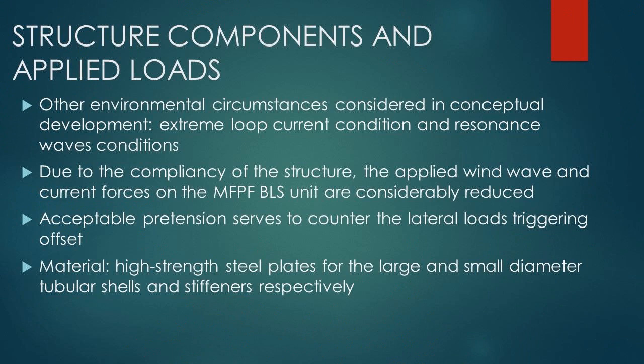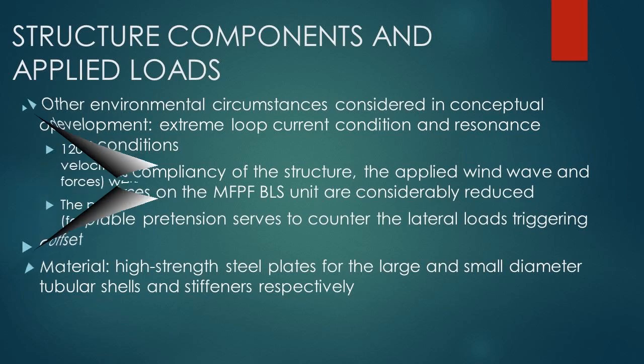Other environmental circumstances considered in conceptual development are extreme loop current condition and resonance waves conditions. Due to the compliancy of the structure, the applied wind, wave and current forces on the MFPF BLS unit are considerably reduced. Acceptable pretension serves to counter the lateral loads triggering offset. Materials are made from high-strength steel plates for the large and small diameter tubular shells and stiffeners respectively.